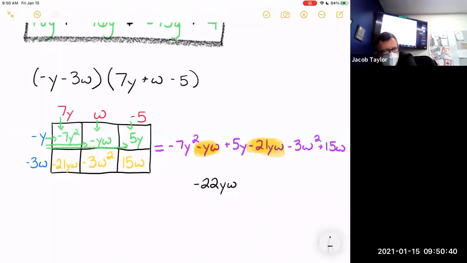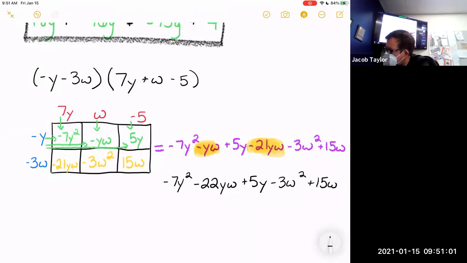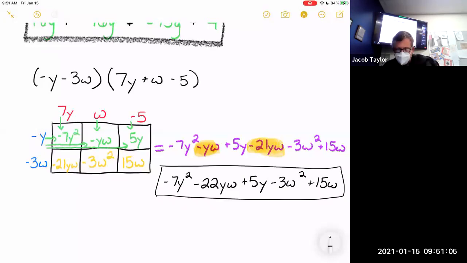The negative 7y² doesn't look like he has a buddy at all. Poor fella. Does not look like the 5y has a buddy. Doesn't look like the 3w² has a buddy. And doesn't look like the 15w has a buddy. So that is a really upsetting answer because it's enormous.